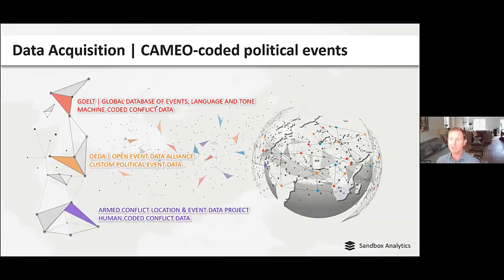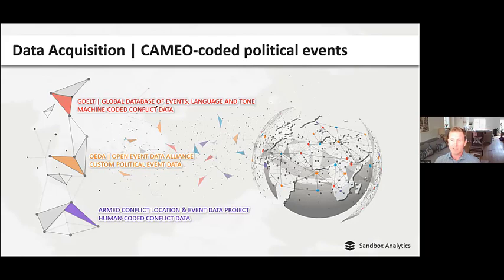What that means is we're classifying news stories using CAMEO coding into event data using something called a political ontology, which is essentially the framework it fits into. We then geocode those events, and in this way we can take daily news stories about political news and violence and turn them into geocoded, time-stamped event data points.